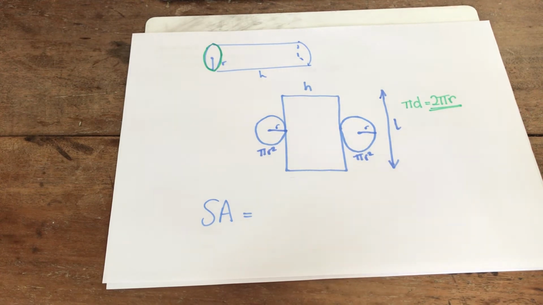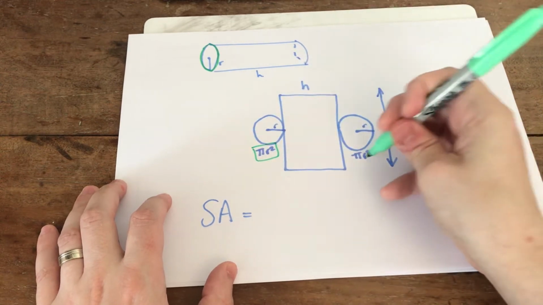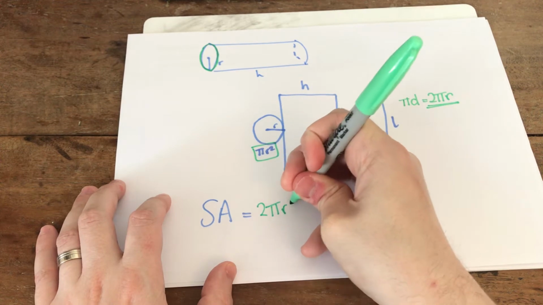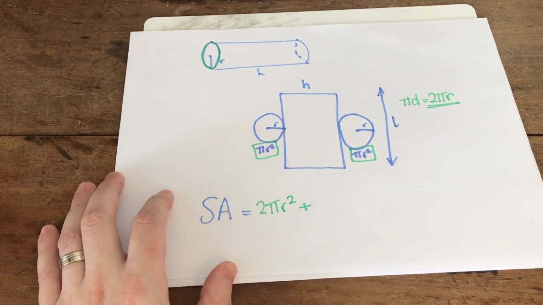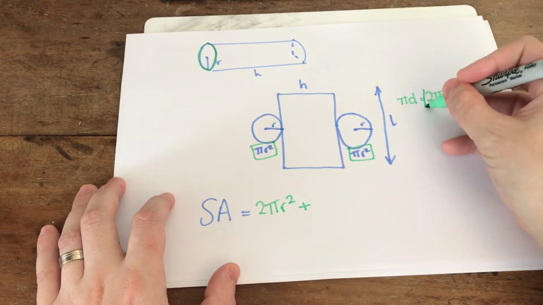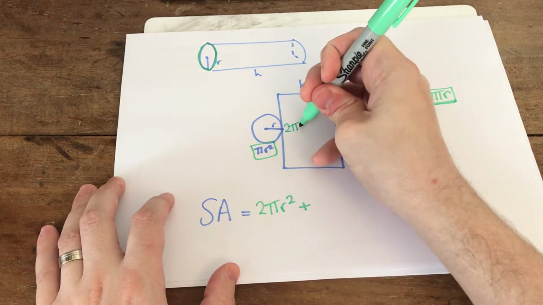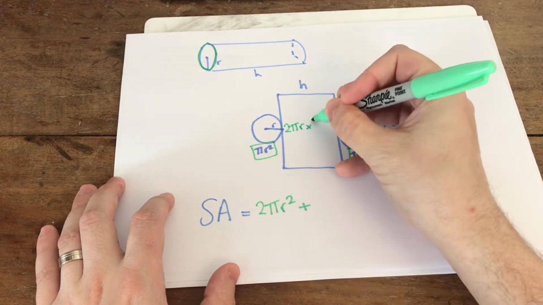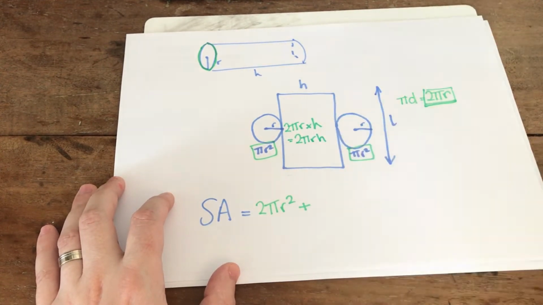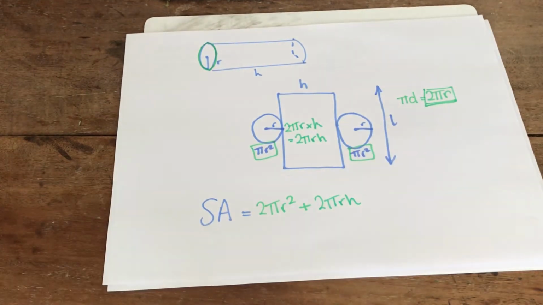So the total surface area of this cylinder is two circles, so two lots of pi r squared added together. The rectangle's area is the length, 2 pi r, times its width, which happens to be the height. I can write that as 2 pi r h. So my general formula I can use is this here.